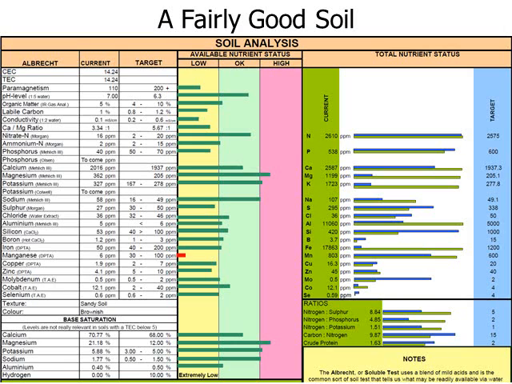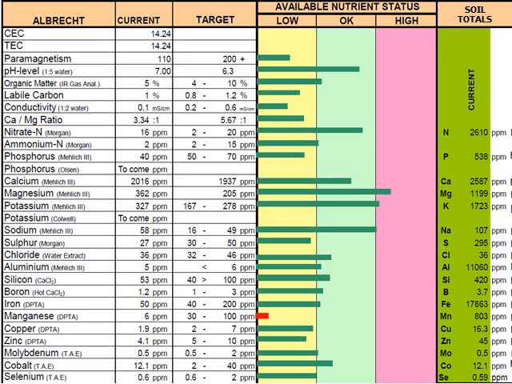Now what I'm looking at here, this is a fairly good soil. I'm not sure that you can see all of the things, but I'll show you the next panel, and so maybe you can read this a lot better. Sulfur down here at 27 parts per million, I consider that to be insufficient.